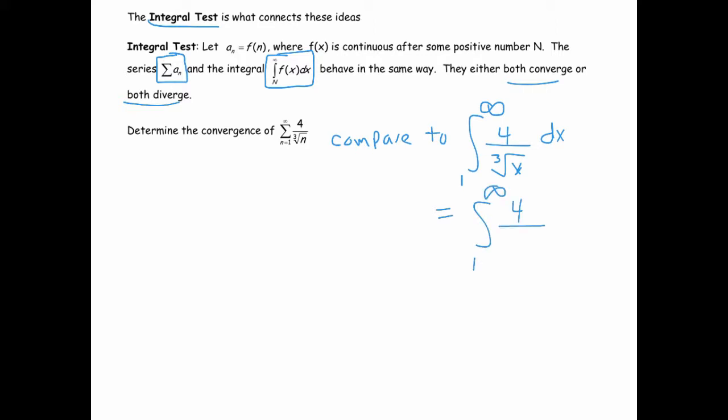But what we can do first is compare it to its analog improper integral, which is this, which I'm going to write like this. In fact, to be even more thorough, I'll take the 4 on the outside in case that's distracting you.